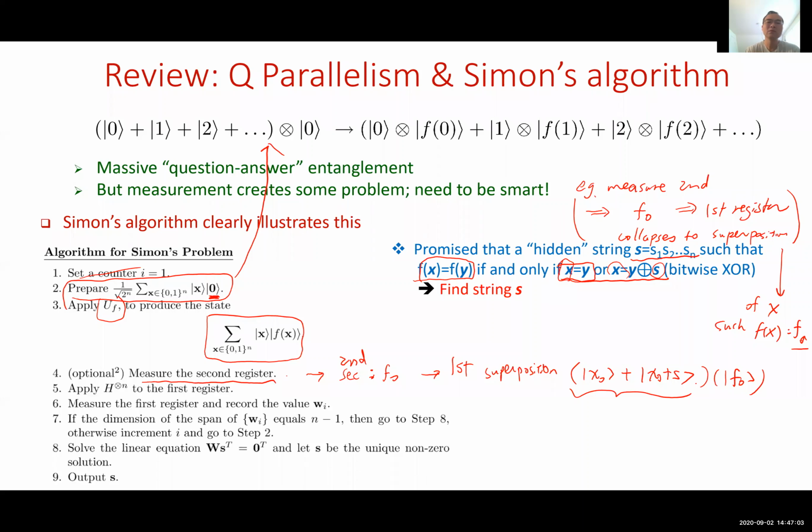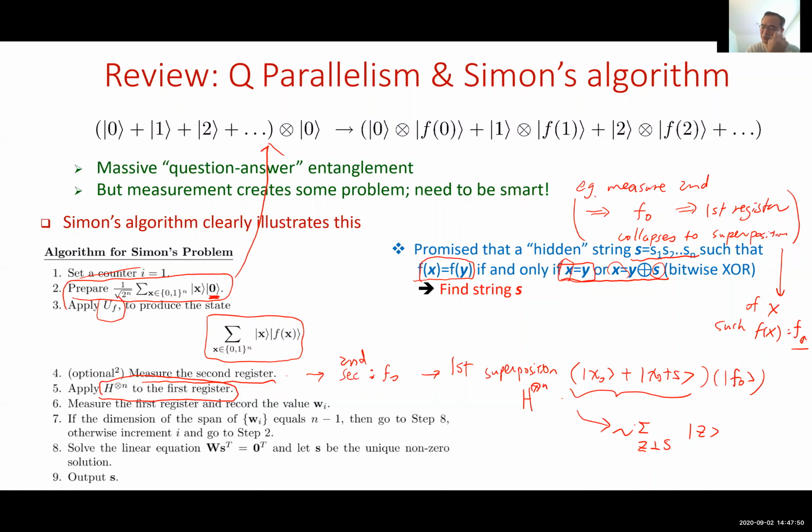Now we can take advantage of that because from the previous discussion, if you apply a Hadamard gate, part of which will be your homework, and remember that it's in the superposition of z that is orthogonal to S, you would get this. This is proportional to that.